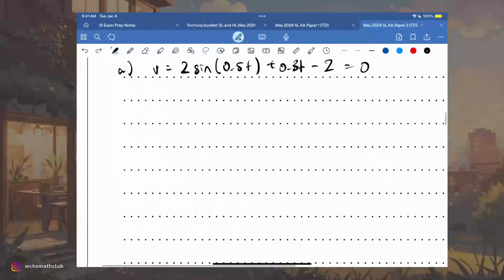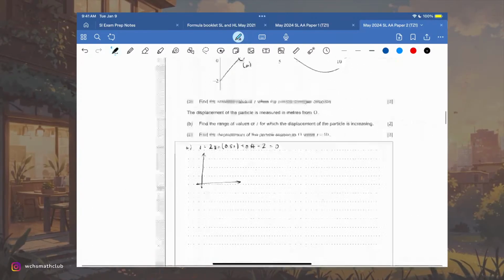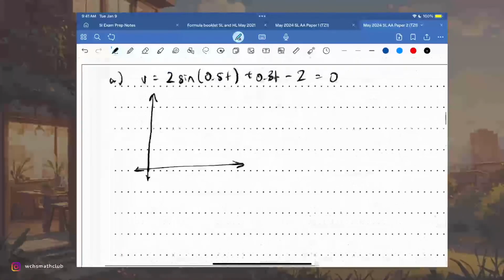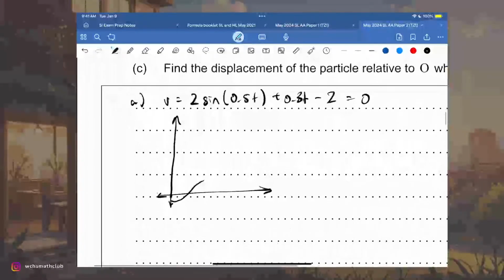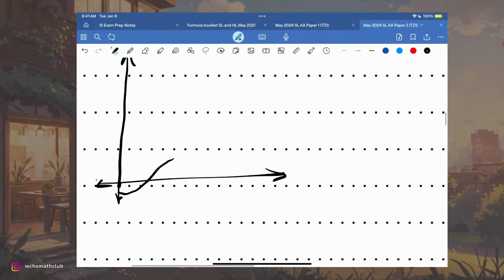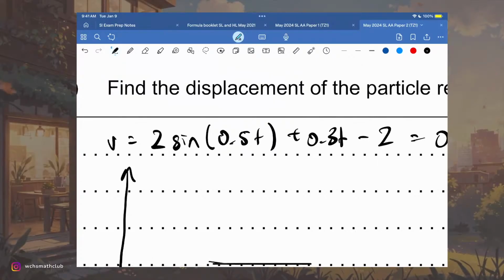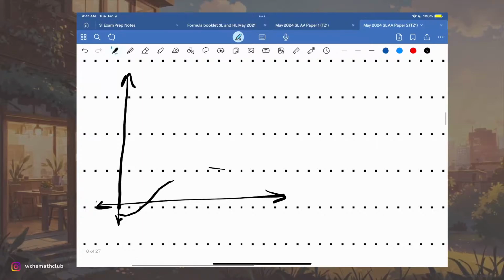Every time you do a graphic display solution, you have to draw the graph like so, and label intersections as necessary. Hold on, I'm just going to reset the window. So it looks something like 0 to 10. Looks like this.